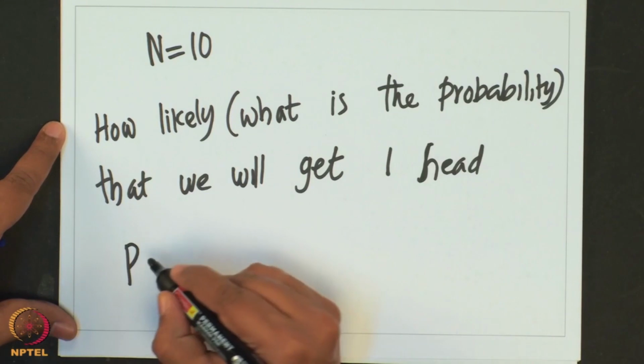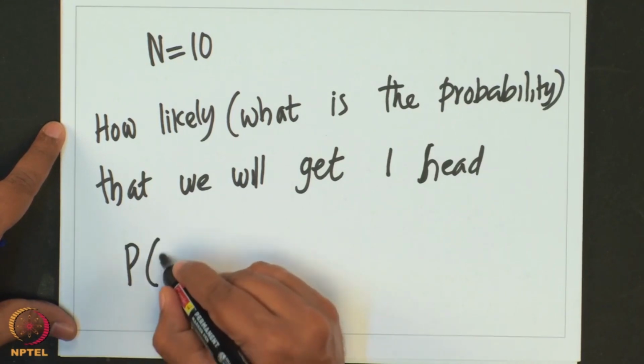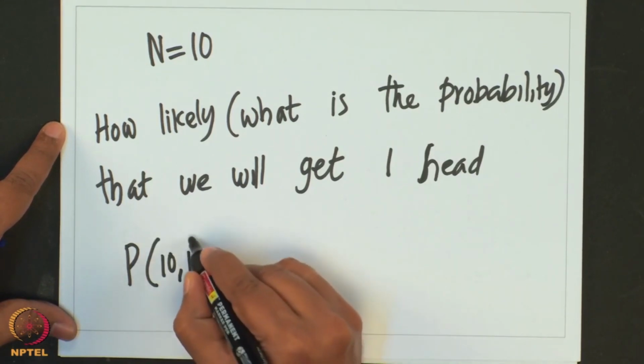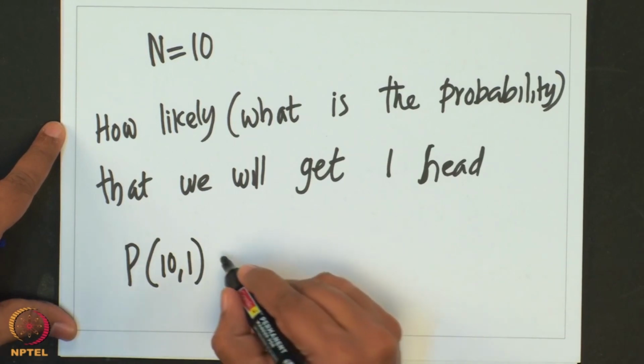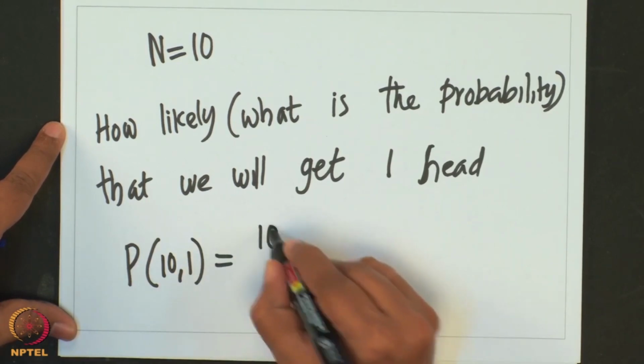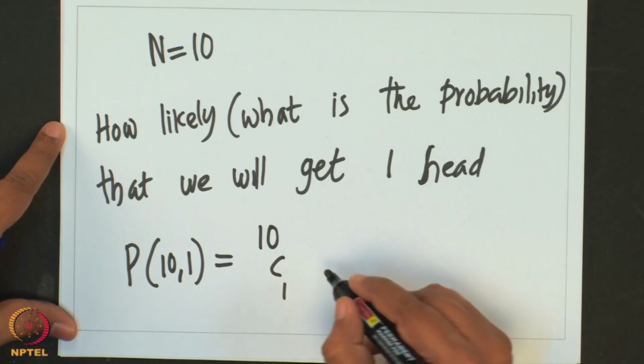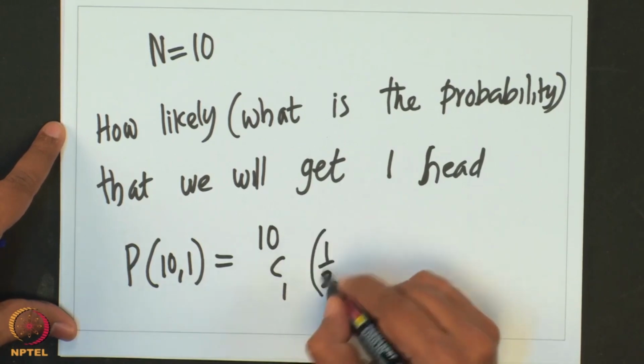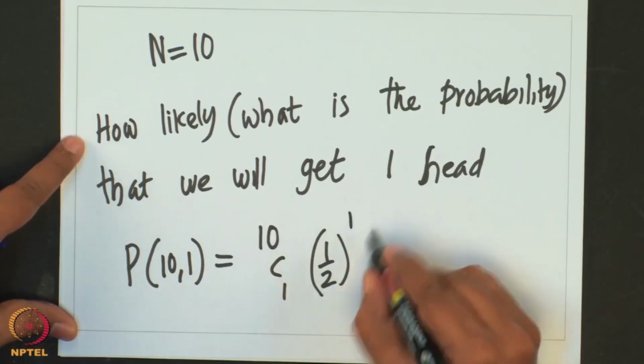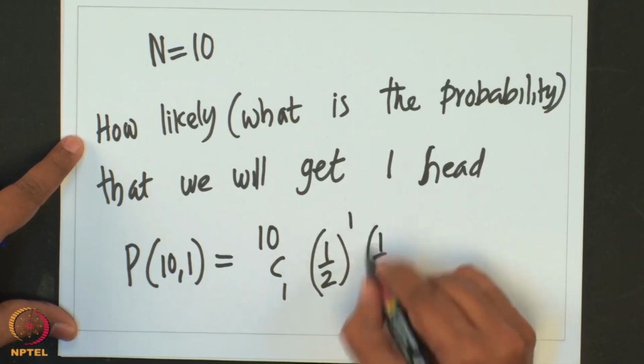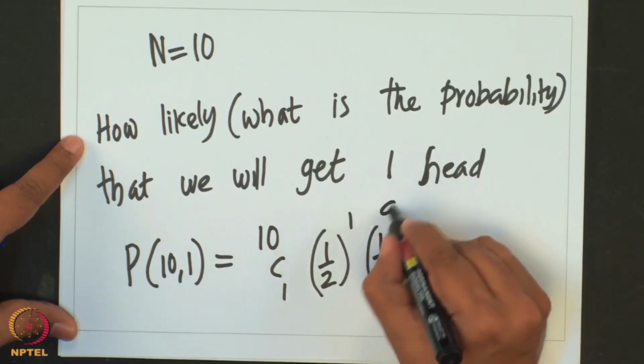This would of course be P 10 1, and the bias is half here, so 10 C1 half power 1, minus half is also half, power n minus k is 9.